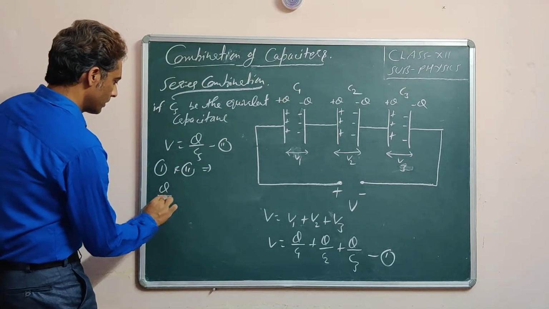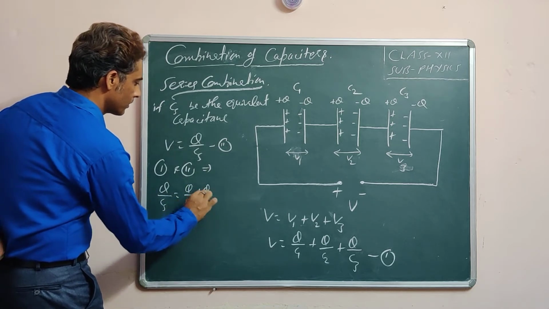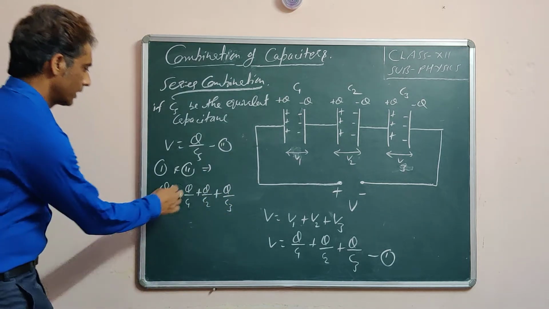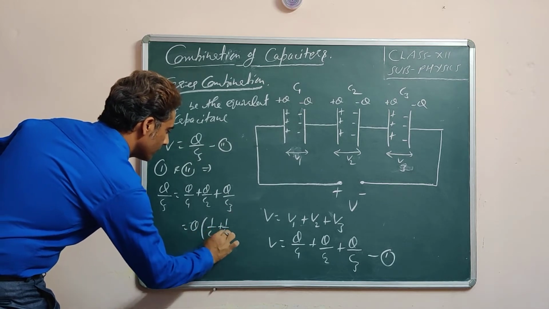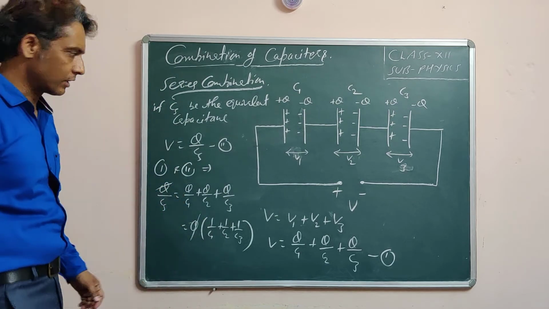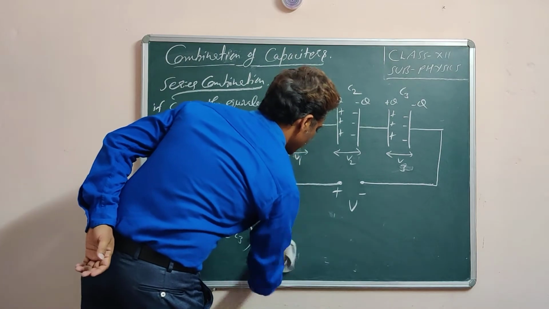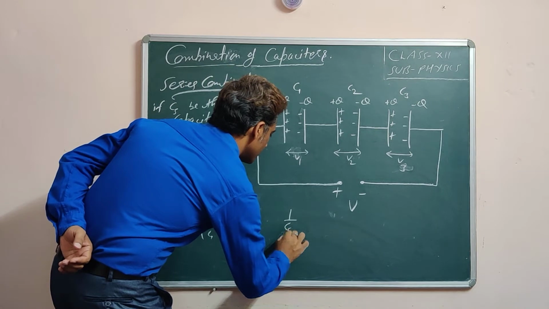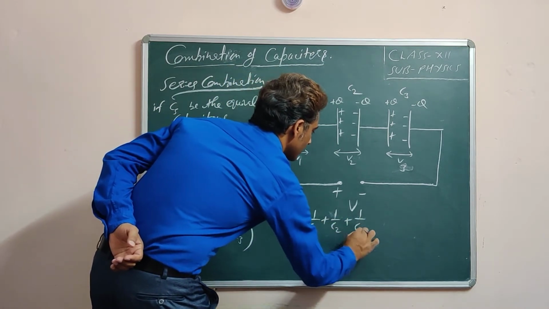Q over CS is equal to Q over C1 plus Q over C2 plus Q over C3, or we can take this Q common, 1 by C1 plus 1 by C2 plus 1 by C3. Now this Q and Q will cancel out, so we can write 1 over CS is equal to 1 by C1 plus 1 by C2 plus 1 by C3.